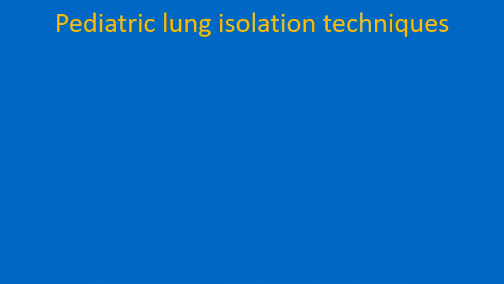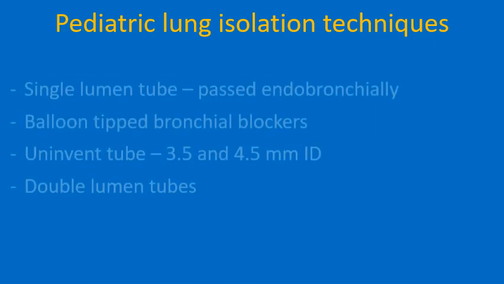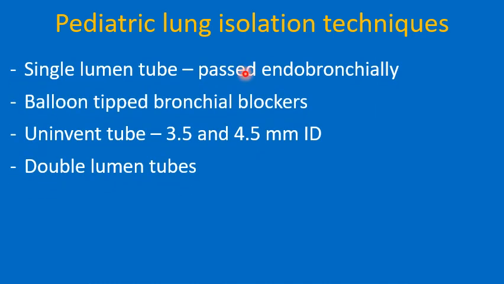Now coming to pediatric lung isolation technique. As we have seen in the previous slide, the smallest size available double lumen tube is 26 French. So in case of pediatrics, how is lung isolation done? A single lumen tube can be passed endobronchially under fiberoptic bronchoscope guidance, and there are also balloon-tipped bronchial blockers.